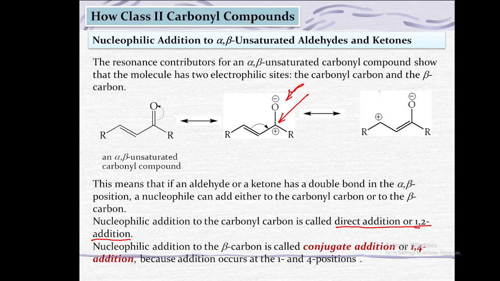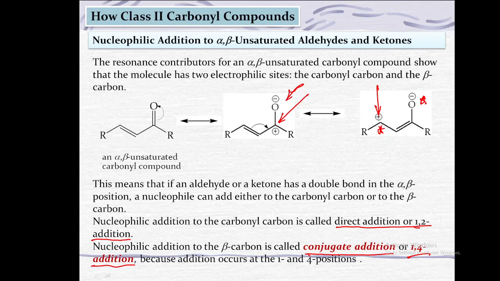Now, when the attack takes place at the beta carbon, we call that one conjugate addition, or 1-4 addition. Again, you will see that if you count the number of positions between which the incoming groups are added, they are placed in 1-4 positions. So it is 1-4 addition.